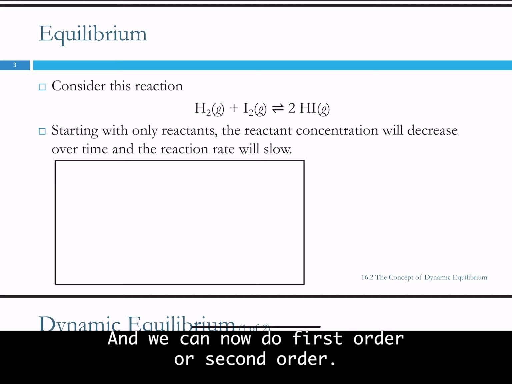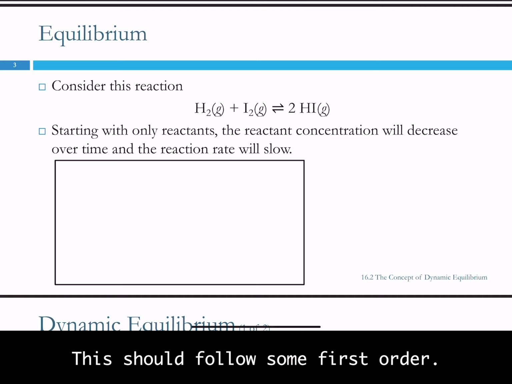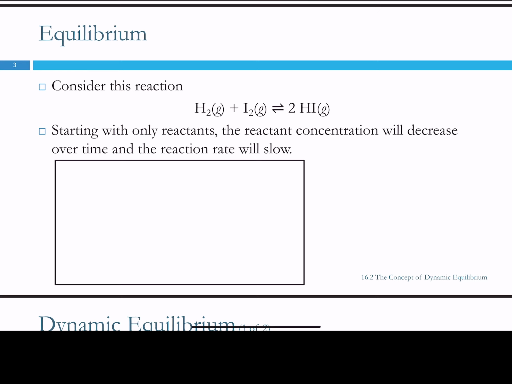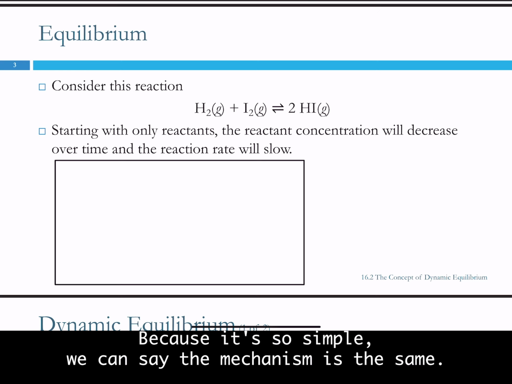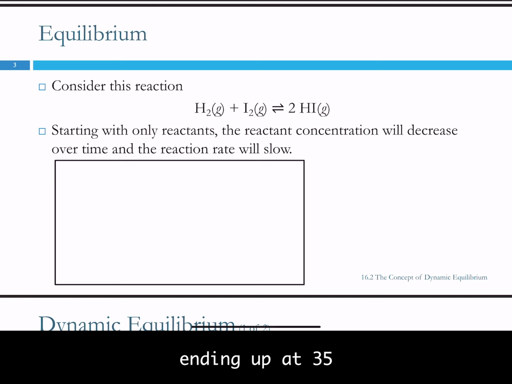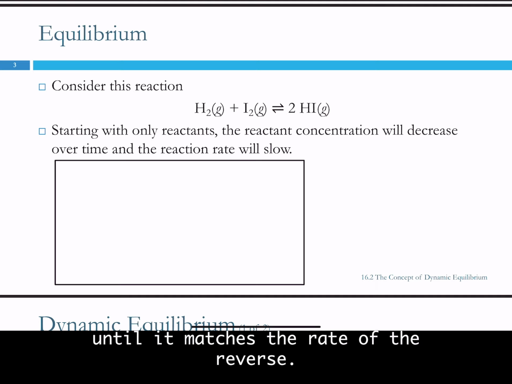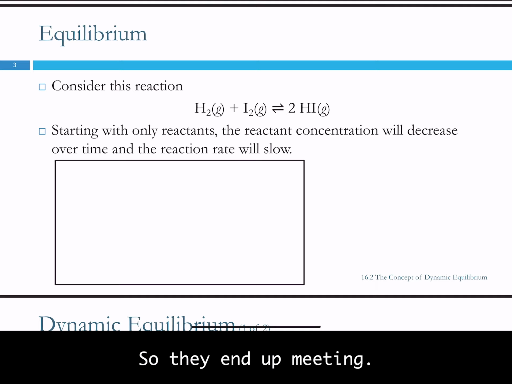We could do first order, second order, zero order; this should follow first order. Because it's so simple, we could say the mechanism is the same. You can see the rate decreasing, ending up at 35 reactions per second. The rate of the products will keep speeding up until it matches the rate of the reverse, so they end up meeting.